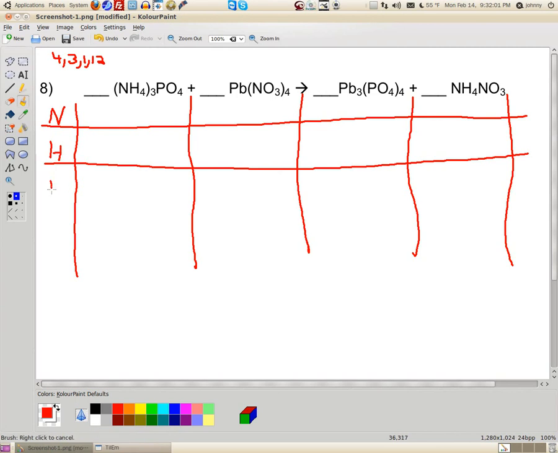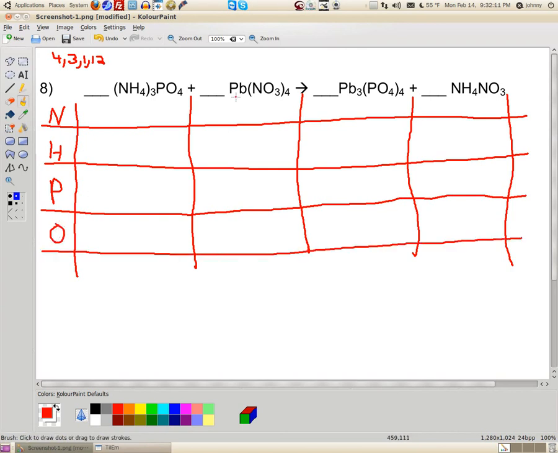Next is phosphorus. I put a P here. And the next one that I would put would be oxygen. And then the next one that I would put would be Pb. Notice that we run into a problem. Notice that the sacred rule of balancing these equations goes out the window.